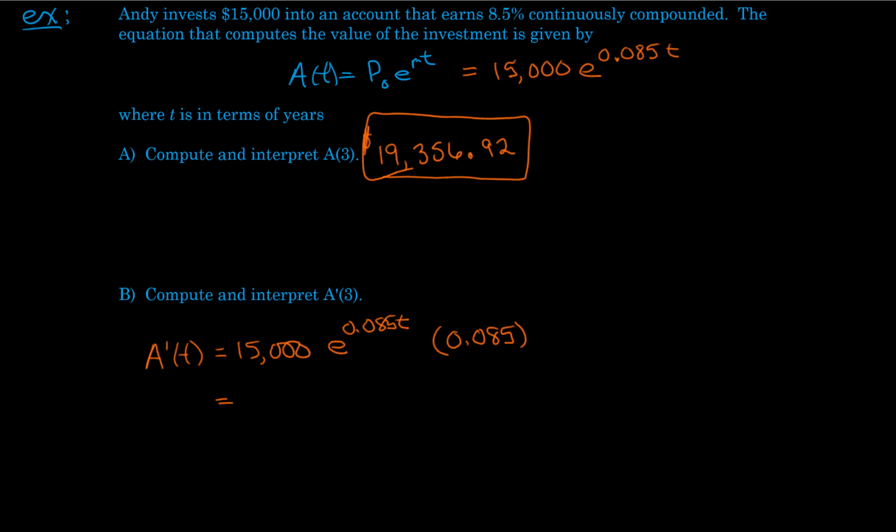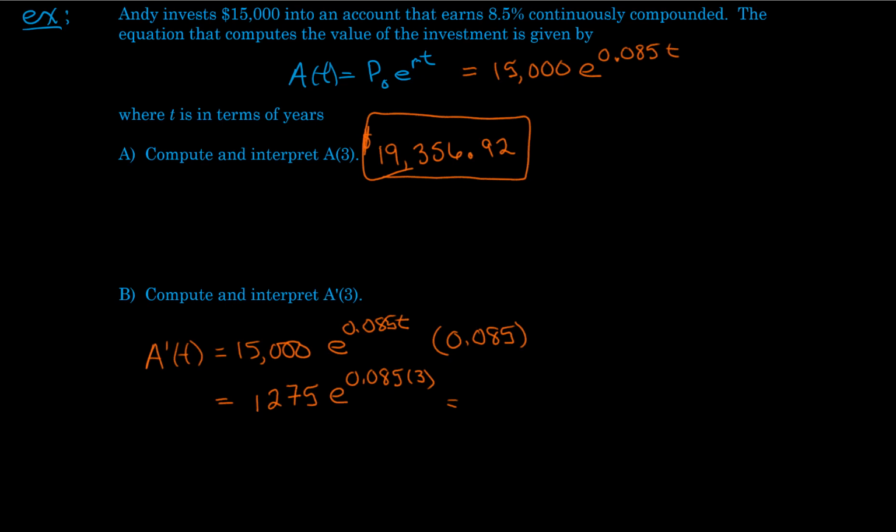We can clean this up some. By cleaning it up, I mean I'm going to take the 15,000. I'm just going to use my handheld calculator here. 15,000 times 0.085 equals, which means we're going to have 1,275 e raised to the 0.085 times 3.